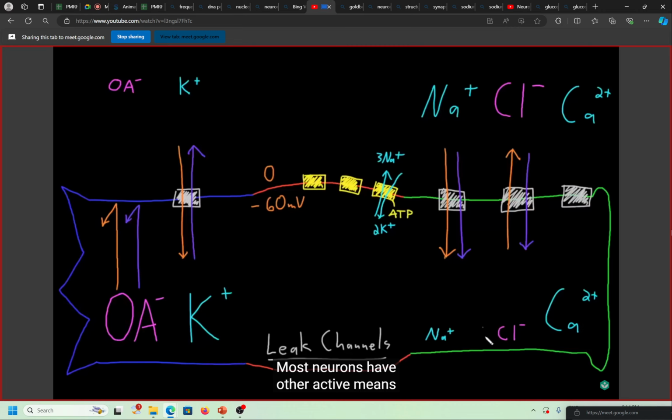Most neurons have other active means of decreasing the intracellular concentration of chloride, though, the main one being the chloride-potassium symporter. And this drives chloride out of the neuron by harnessing the diffusion force acting on potassium ions. So it lets potassium move out of the neuron like it wants to, and it harnesses that energy to also push more chloride ions out of the neuron, further decreasing the intracellular concentration of chloride.